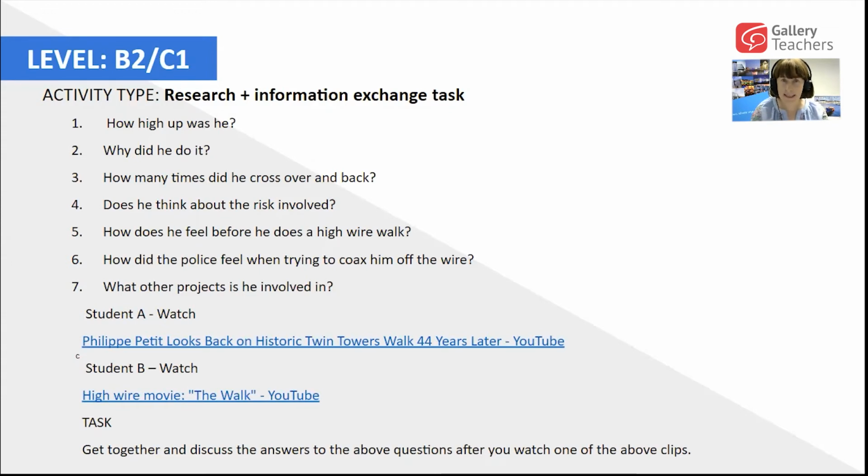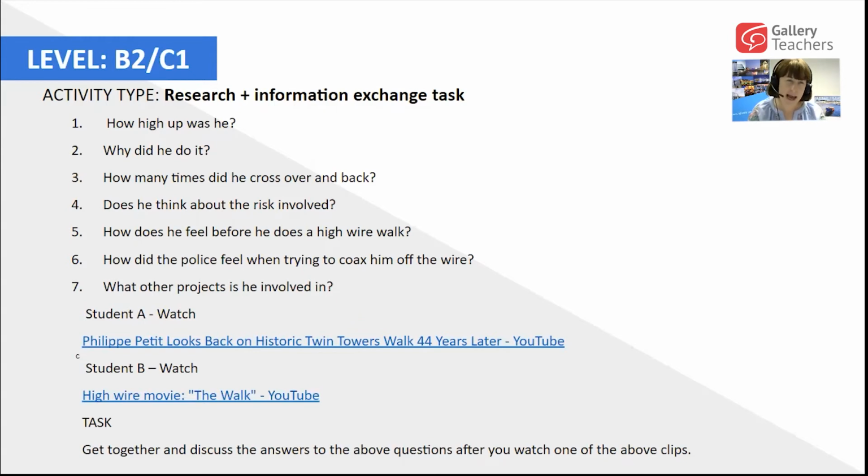The second video clip was a trailer from a movie that had been made a few years ago about this event, called The Walk. I then created some questions. Some of the questions could only be answered by student A, some only by student B, and for some, the information was contained in both video clips.